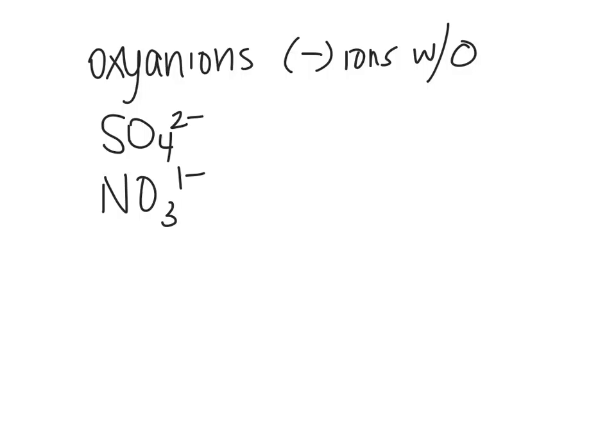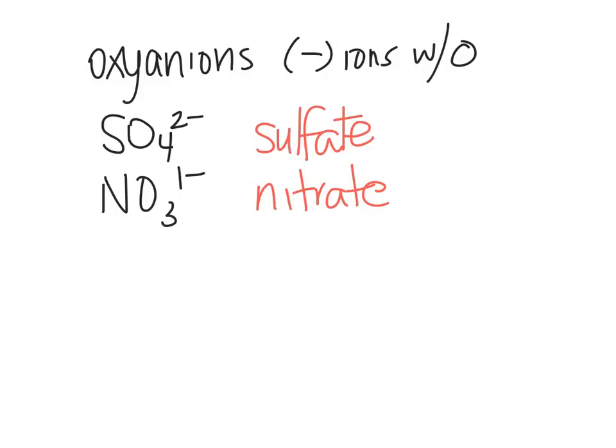To name these, you take the element that the oxygens are bonded to, take off the ending and add ate. So that's the sulfate ion. That's the nitrate ion. The most common ion ends in ate.